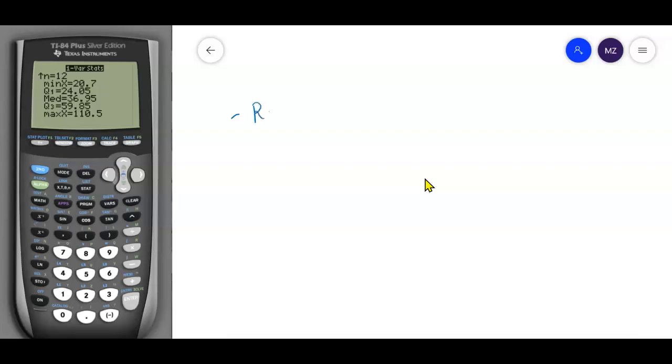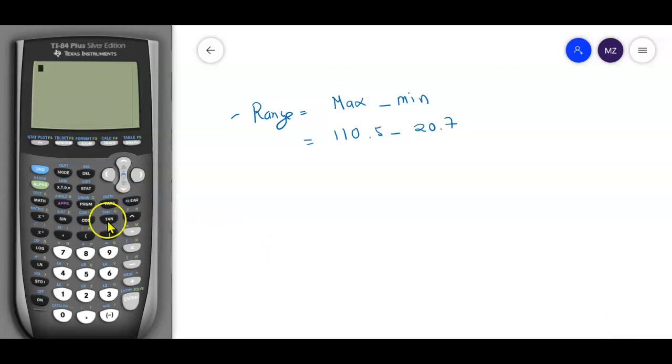Now use the range formula. The range is the maximum number minus the minimum number, so 110.5 minus 20.7. Please don't risk it: type it into the calculator no matter how easy the calculation is.